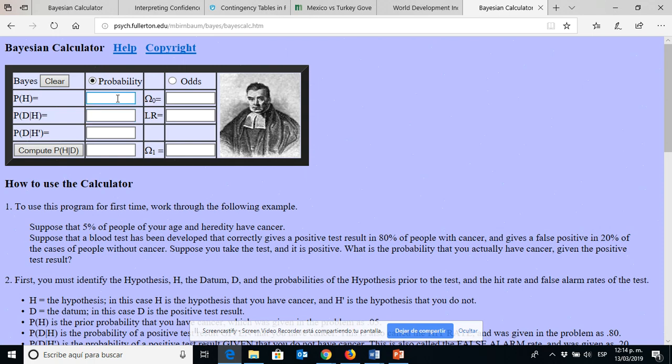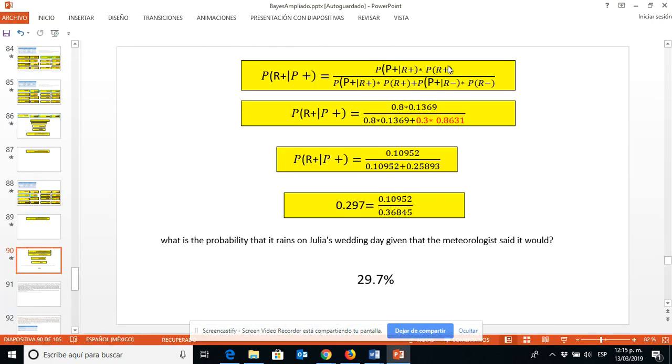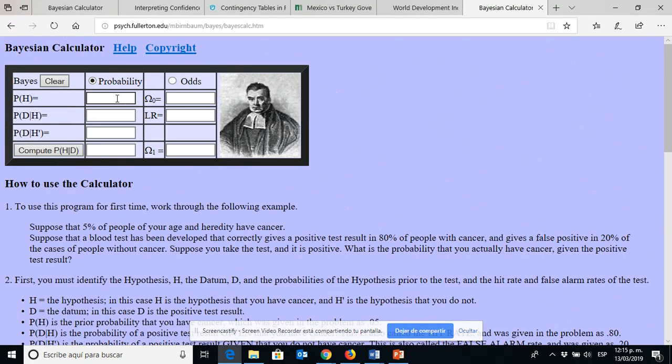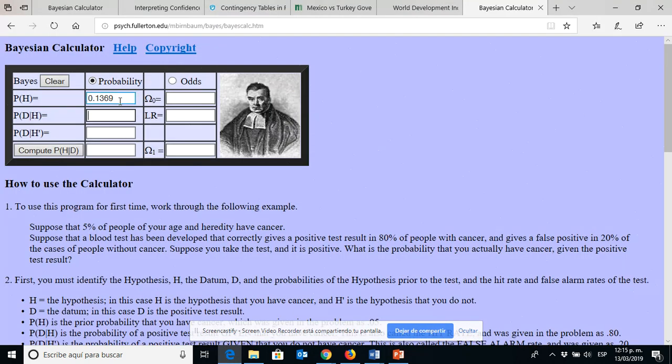Now let's use the Bayesian calculator to come to the same result. The Bayesian calculator asks us for the prior probability. The prior probability is 0.1369. And the conditional probability, this is the probability of P plus given R plus, is 0.8.